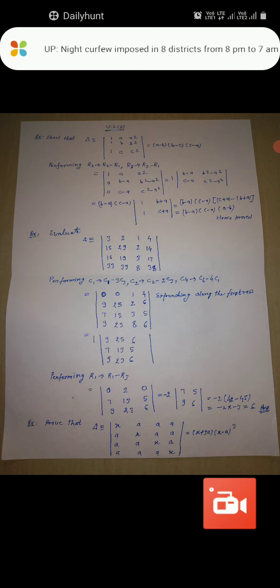Now next example. Prove that delta is equal to, in first row x a a a, in second row a x a a, in third row a a x a, and in fourth row a a a x. You have to prove that this is equal to x plus 3a multiplied by x minus a cube.